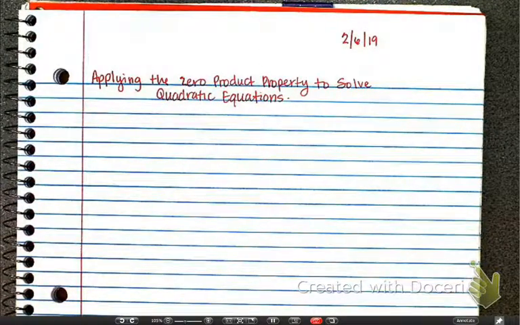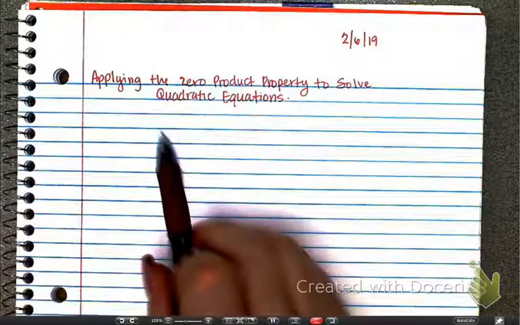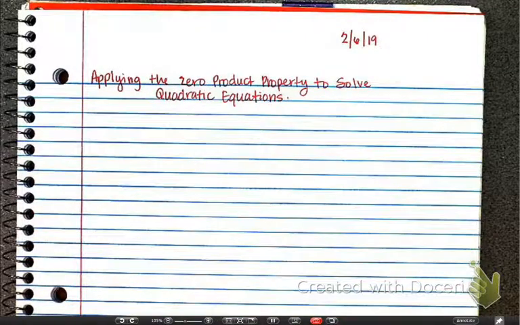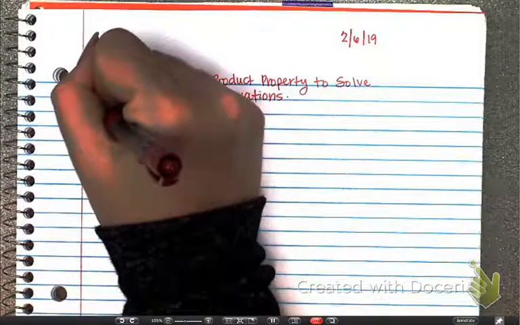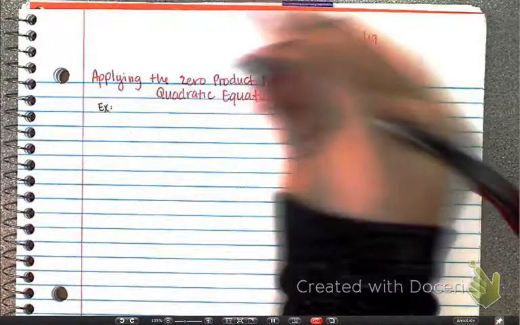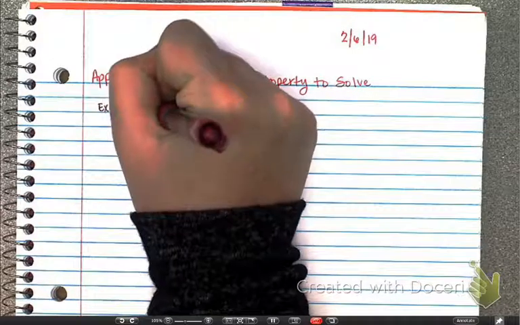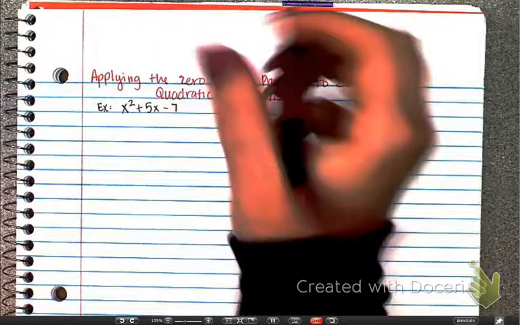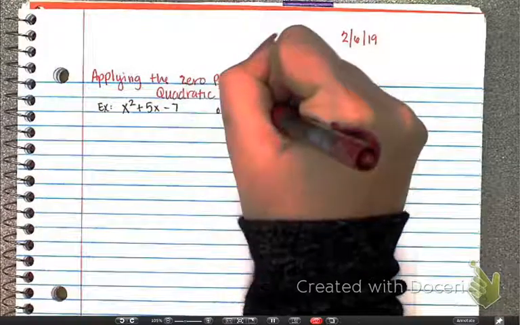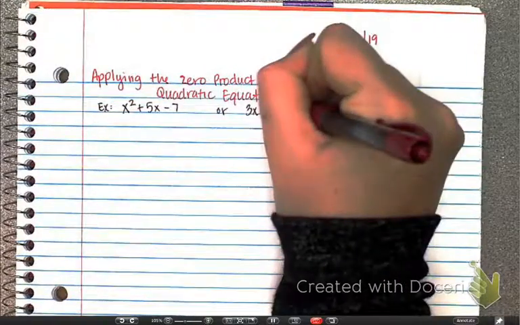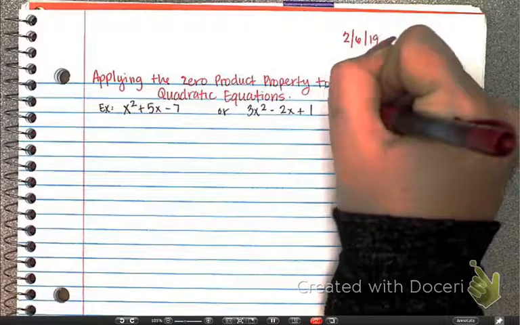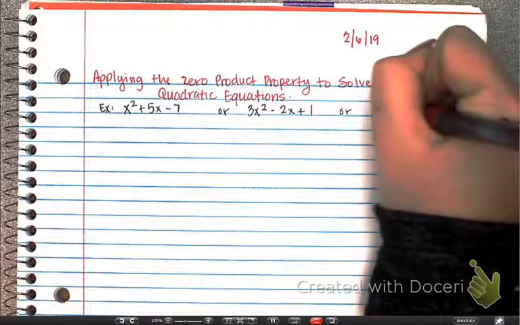So first things first, a quadratic equation is an equation where the highest exponent is a 2. So an example of a quadratic equation could be, I don't know, x squared plus 5x minus 7, or 3x squared minus 2x plus 1, or x squared minus 9.